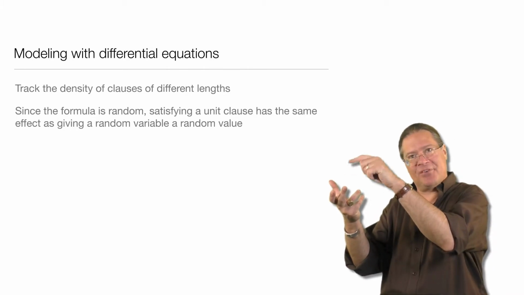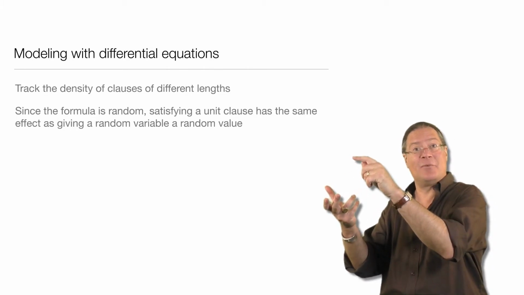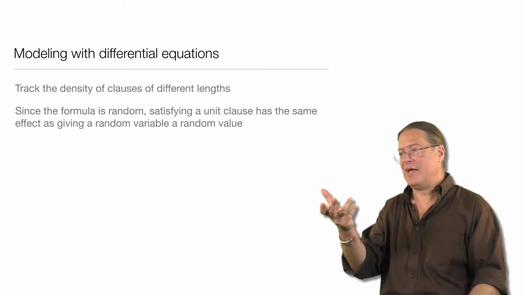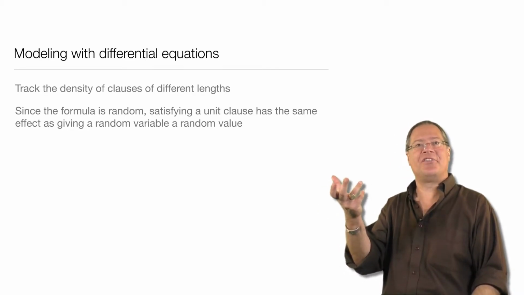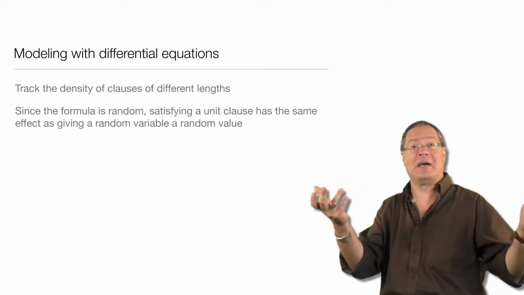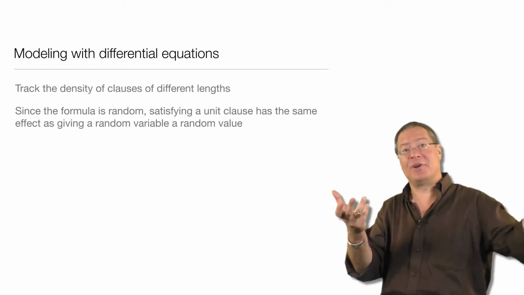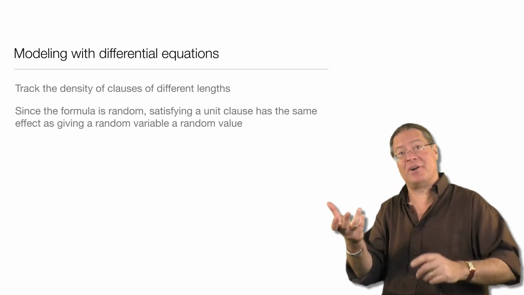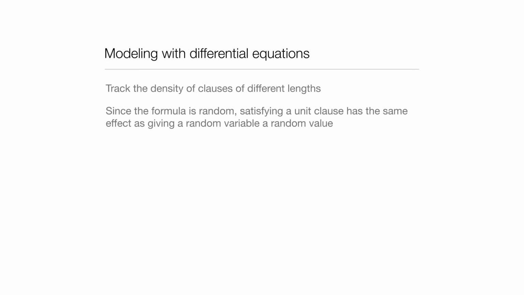You have a particular variable, and let's say that we've chosen to set that variable. Now, we're either setting it in what you might call a free step, where there are no unit clauses, so we just happen to choose this one and we flipped a coin. Or we're choosing it in a forced step because somewhere else in the formula there was a unit clause demanding that this variable take a certain value.